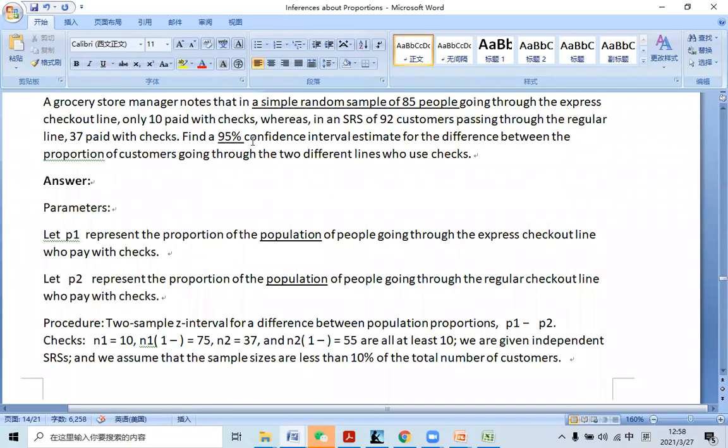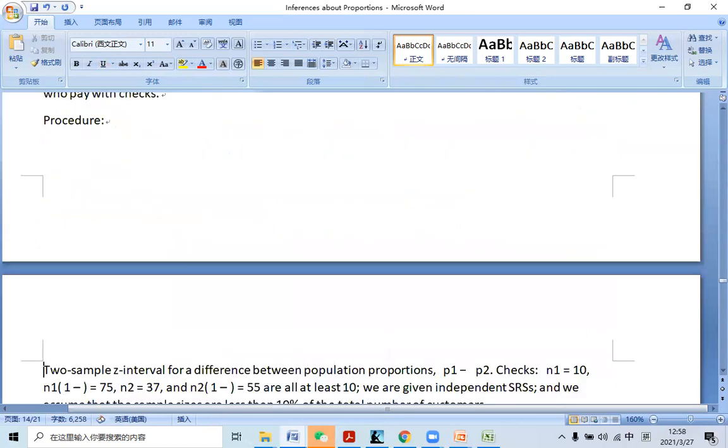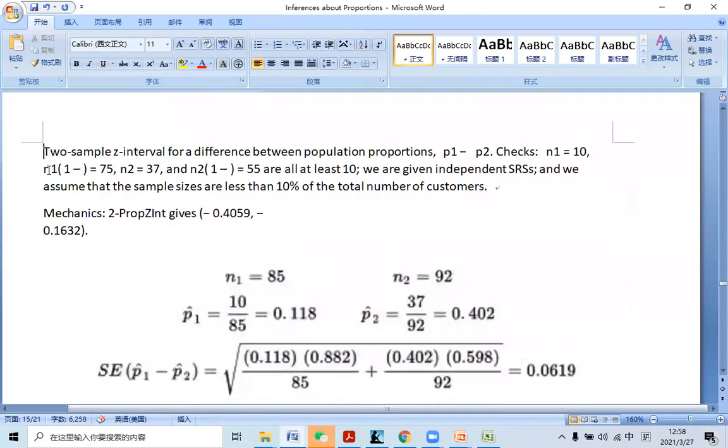And you want to get the confidence interval, 95%. Before you do anything with a 95% confidence interval, you need to check the assumptions. You need to check the assumptions and make sure that you are okay to use a normal distribution for the proportions.